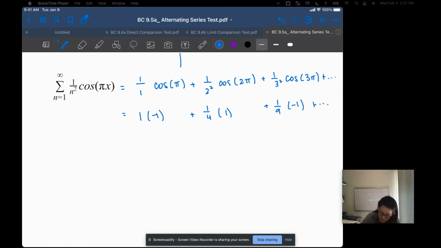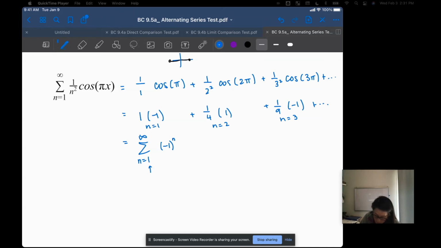So cosine is just flipping back and forth from the negative x-axis to the positive x-axis. So it's just switching, it's making the sign switch. So I can actually write this series as n is equal to 1 to infinity of, so n equals 1 was negative, so I'm going to start with -1, and I want the power to be odd, so I'm just going to leave it as n since we're starting with an odd power.